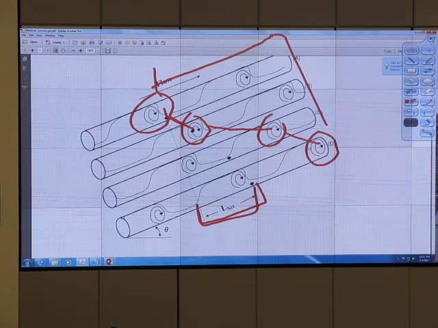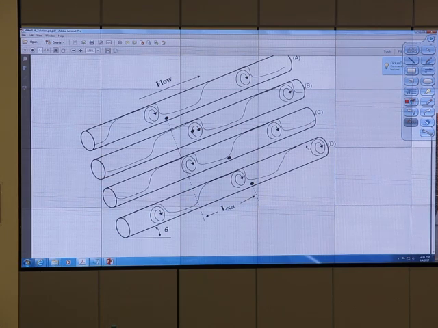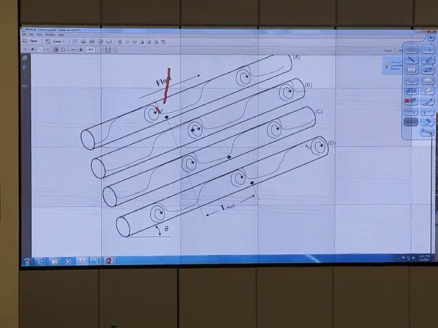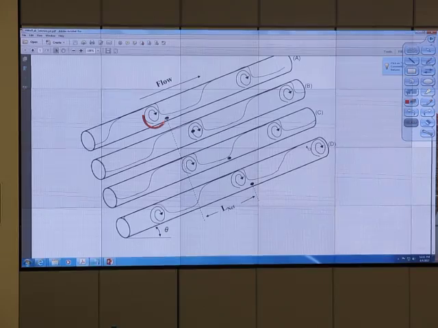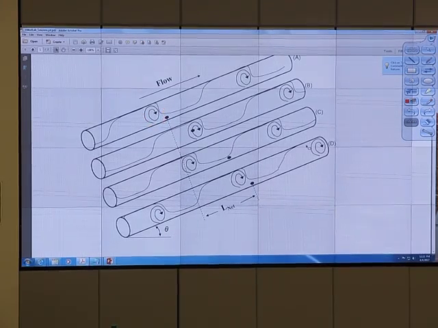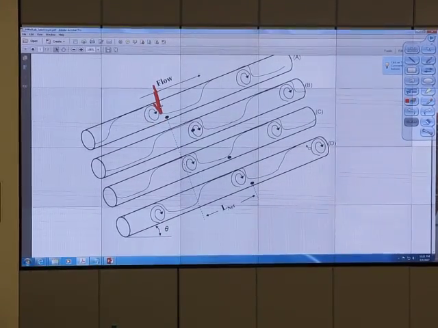So tomorrow I'll show you how to do some calculation. What you need to know is this part travels faster in the flow. The front part travels the fastest in the flow.